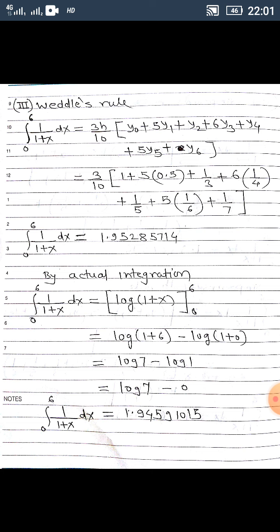Now h is 1, 3 into 1 is 3 divided by 10, y0 is 1 plus 5 times y1 0.5 plus y2 1 by 3 plus 6 times y3 1 by 4 plus y4, that is 1 by 5, plus 5 times y5 1 by 6 plus y6 1 by 7. If we simplify this, we will get the value as 1.95285714. So this is by Weddle's rule. Okay students, you have to remember Simpson's 3/8 rule and Weddle's rule.